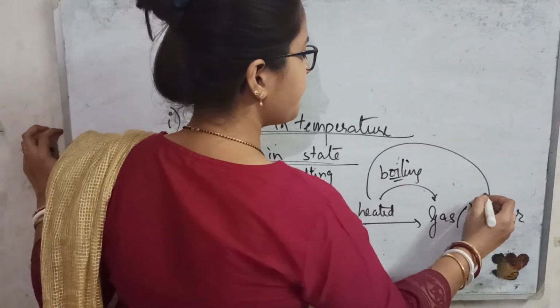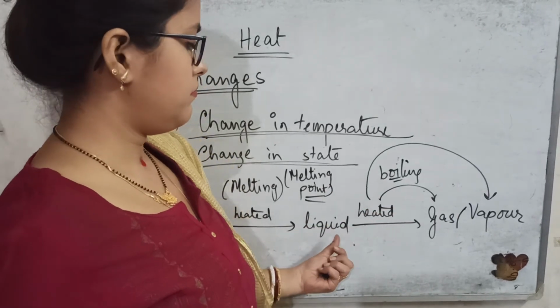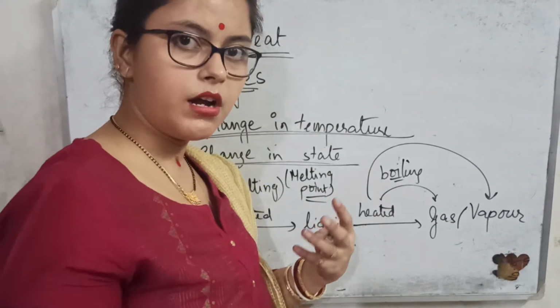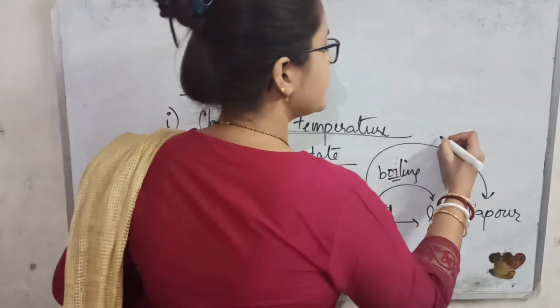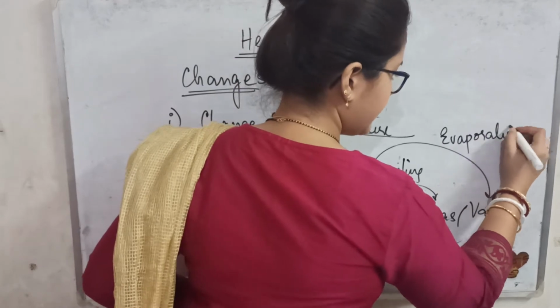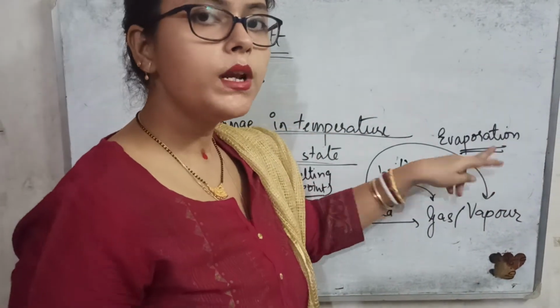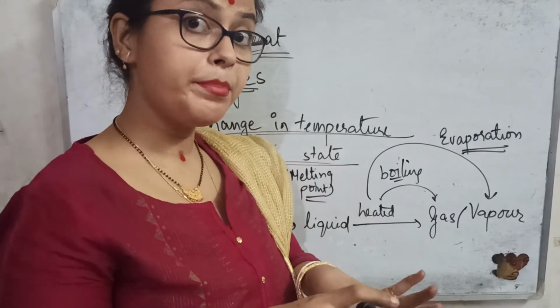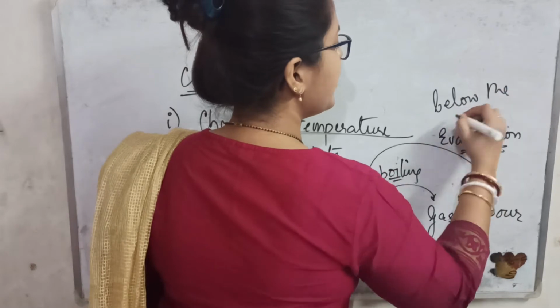And if it gathers heat from the surrounding, then it will change into its vapor form, and that process is called evaporation. Now, this evaporation process will happen at a temperature below the boiling point.